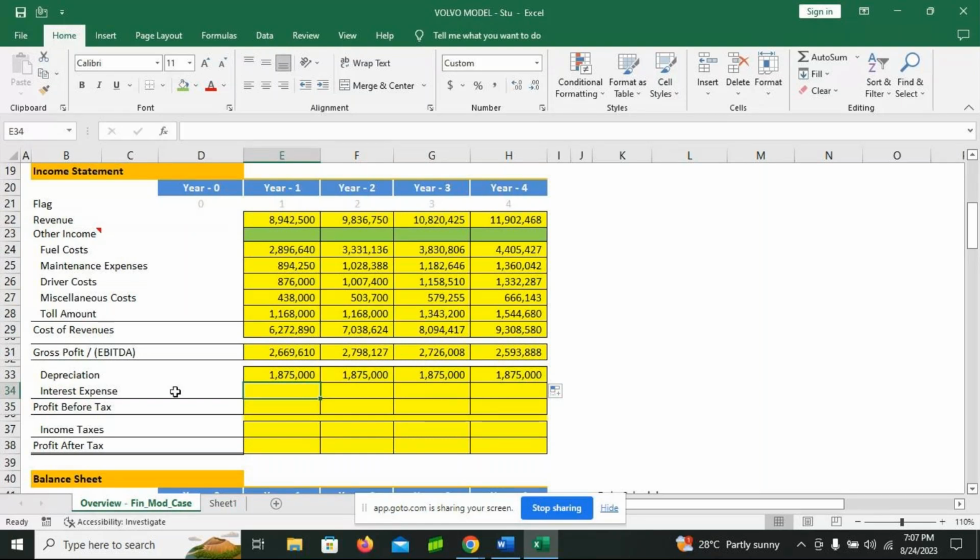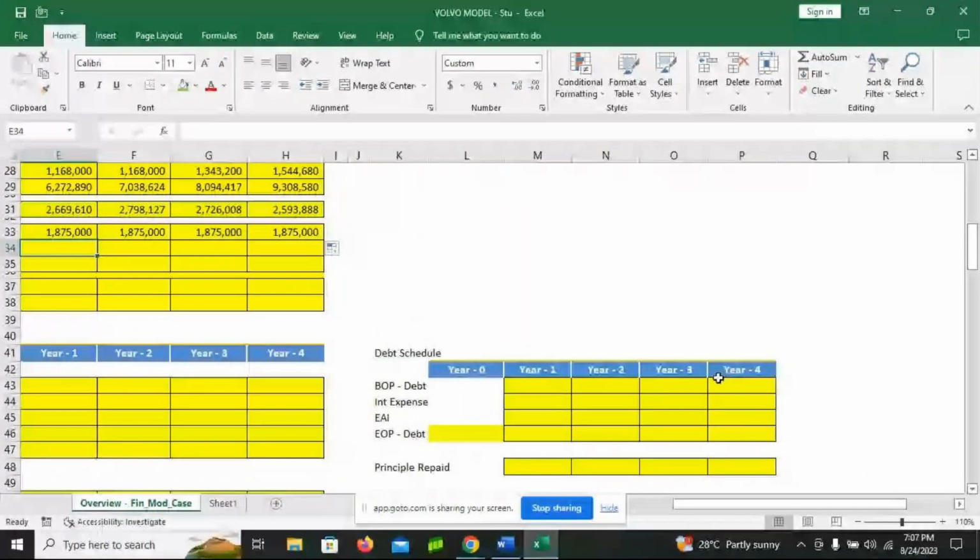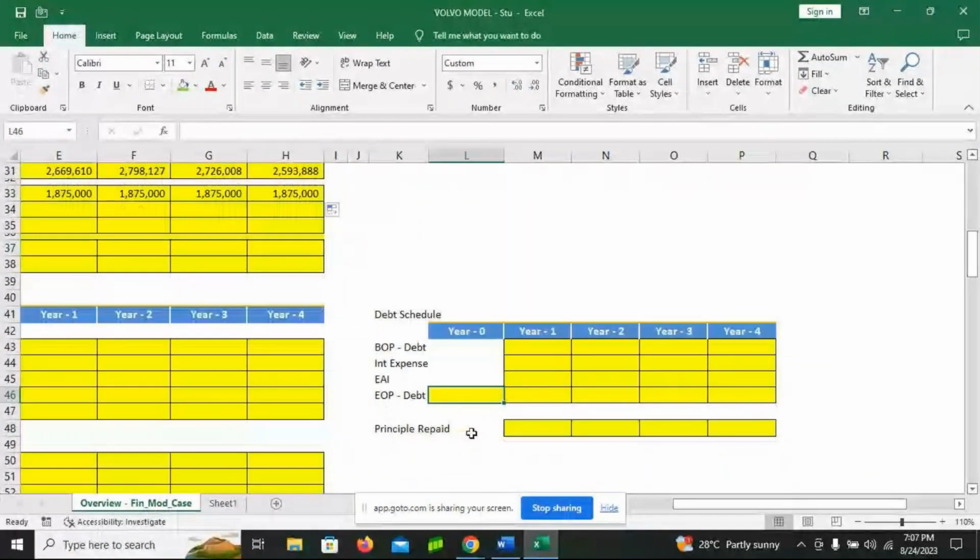Okay. So now interest expenses is on the loan amount what I have taken. So in order to do that, first I need to solve my debt schedule. So debt schedule, let's calculate it.